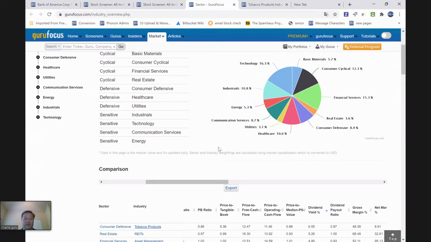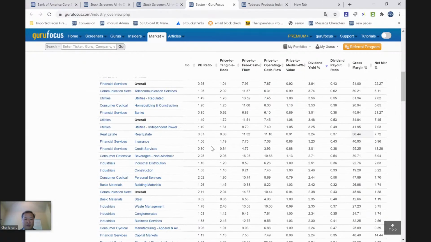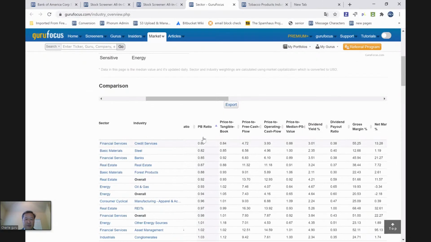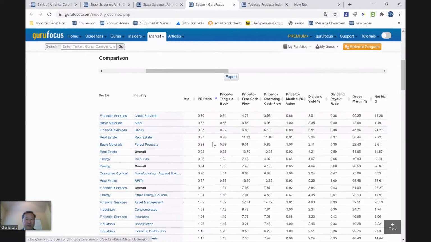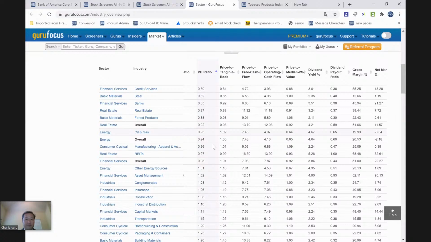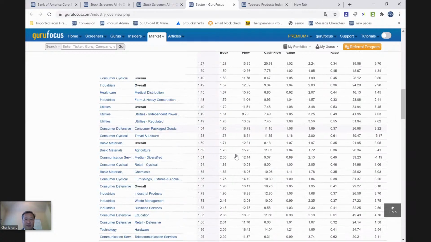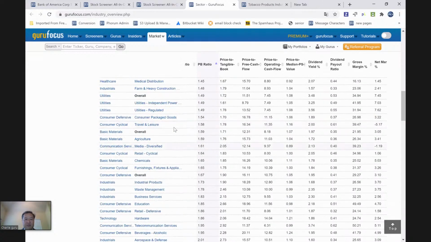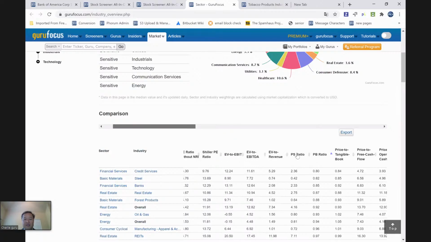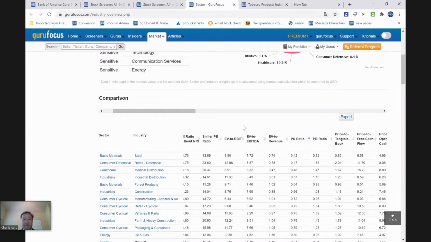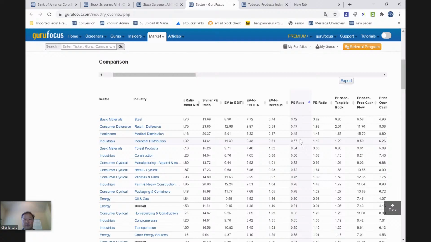And if you're looking for relatively undervalued industries, you can click on PB ratio, for instance. Here, financial services and basic materials are relatively undervalued as measured with PB ratio. The PS ratio is actually one of my favorites, and you can click on this.